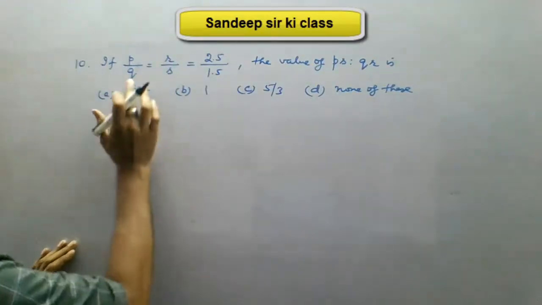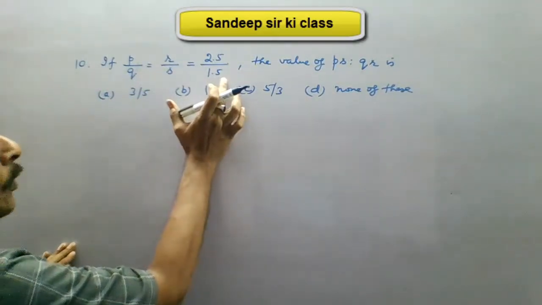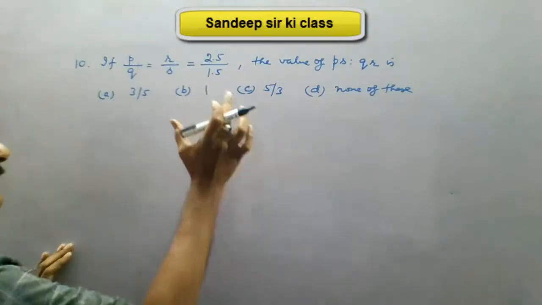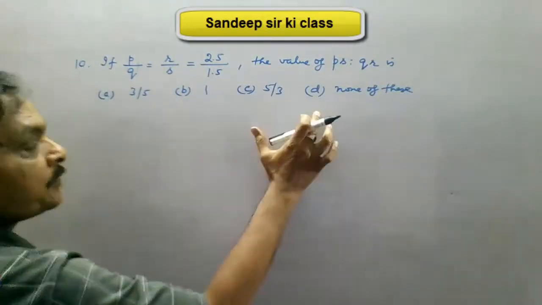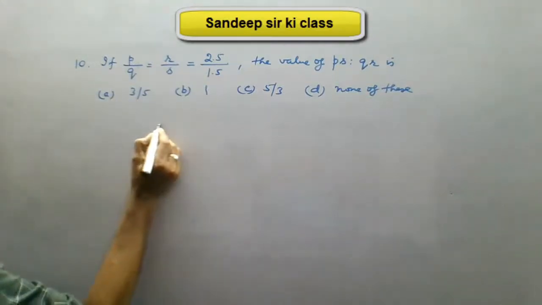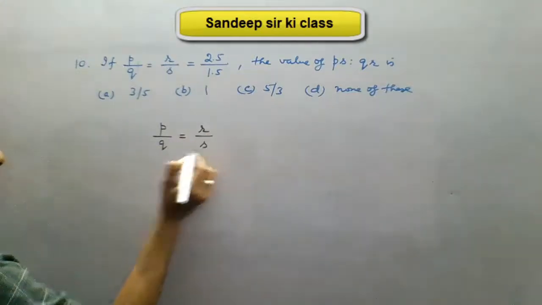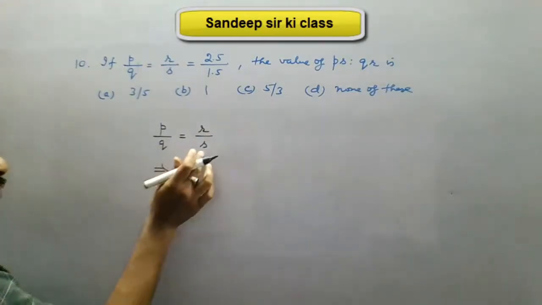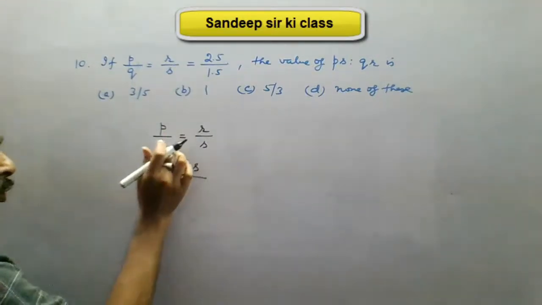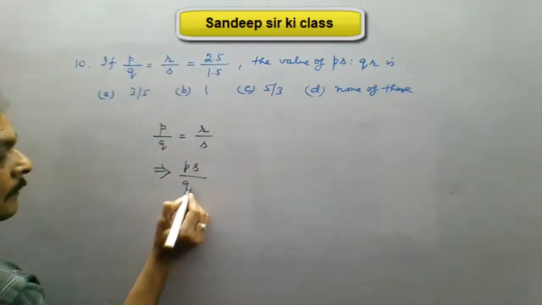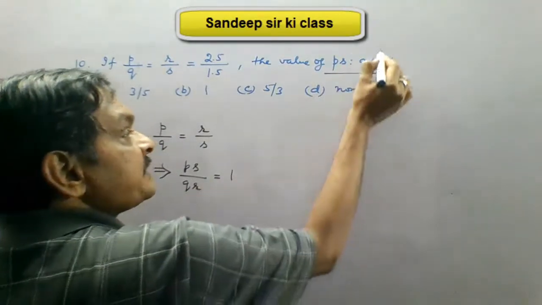Question 10 is, if P upon Q is equal to R upon S is equal to 2.5 upon 1.5, the value of PS ratio QR is, and these are the options given to us. See, when P upon Q is equal to R upon S, then if we cross multiply, PS upon Q into R equal to 1, and this is the ratio which is required.